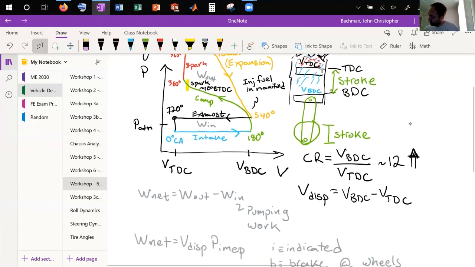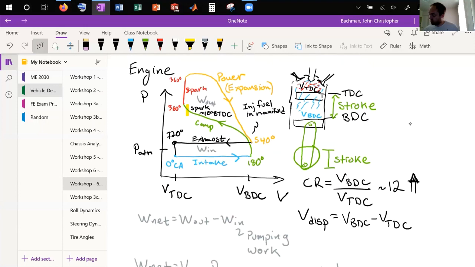And the indicated pressure is basically if you took these two areas and subtracted them from each other, and then made a plot from here to here, you'd say this area above atmosphere equals W net, the area does, and that will give you the mean effective pressure.